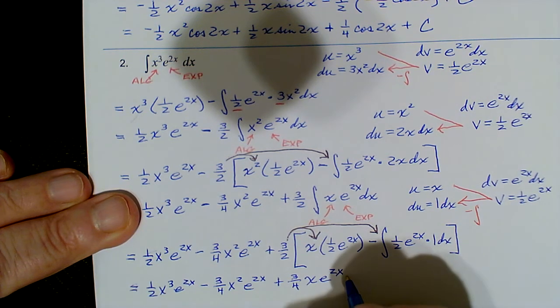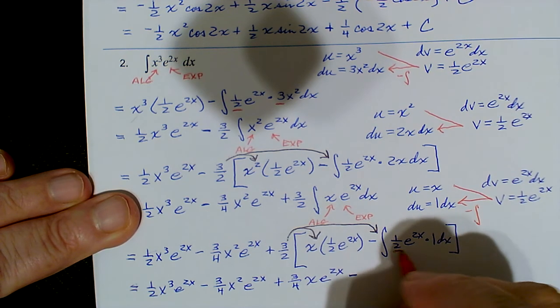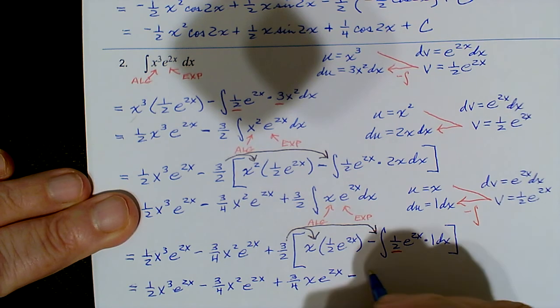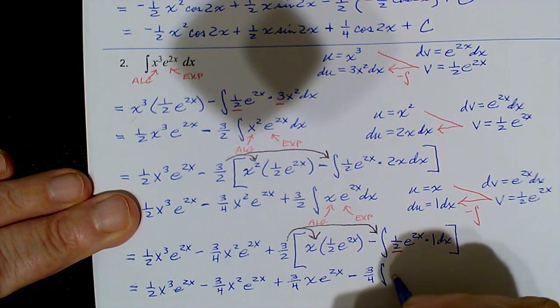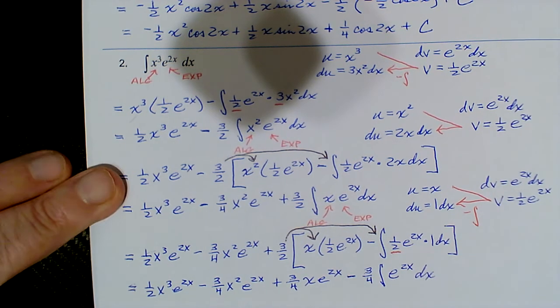And distributed to this integral, well, we have the negative, and we also have this 1/2 that needs to be multiplied by that 3/2. So it looks like negative 3/4. And then the integral of e to the 2x with respect to x.